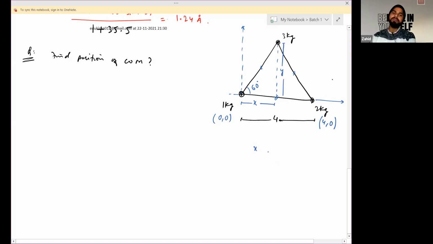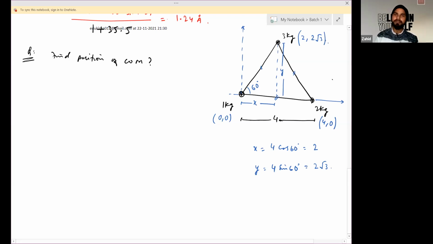So x will be equal to 4 times cos 60°. Cos 60 is 1 by 2, so you will get x as 2. Similarly, y will be 4 times sine 60. Sine 60 is root 3 by 2, so you will get 2 root 3. It means the position of 3 kg is 2 comma 2 root 3 meter. Is it clear?